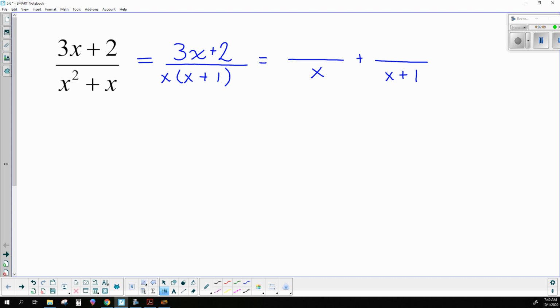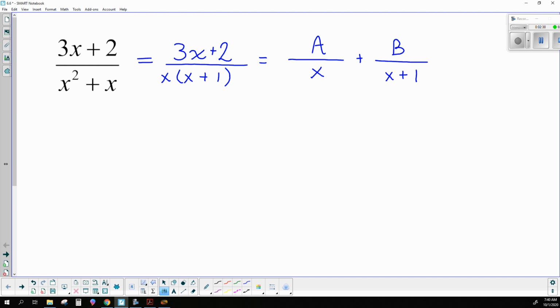The tricky part is I don't know what the numerators are. So I'm just going to put an a and a b up there to represent two unknown numerators. Okay? So looking at the a-b fractions, if we were going to add these, we would have to find a common denominator, right? So, which means the a fraction would be multiplied top and bottom by an x plus 1.